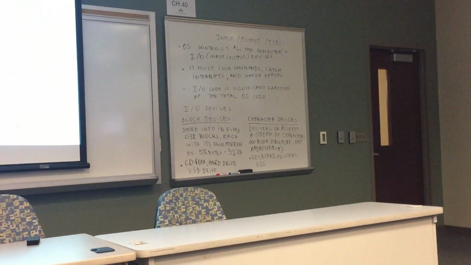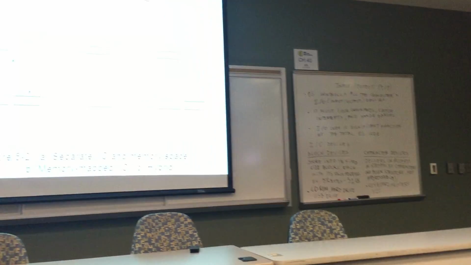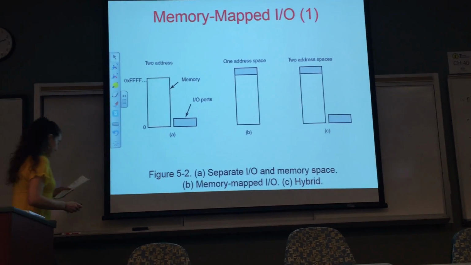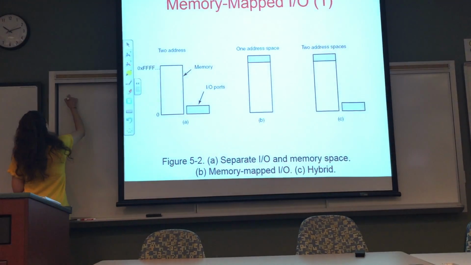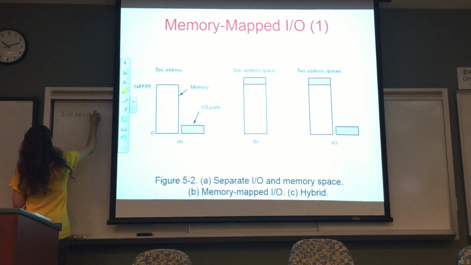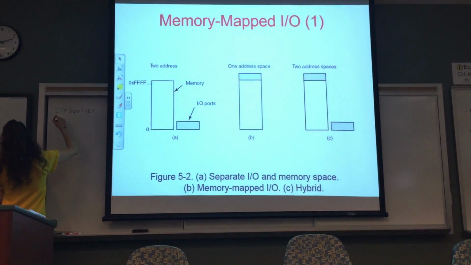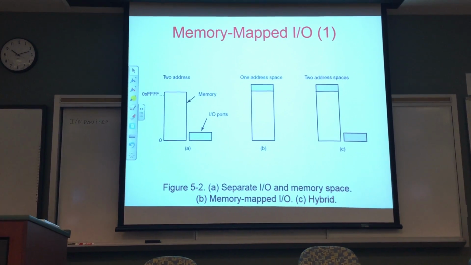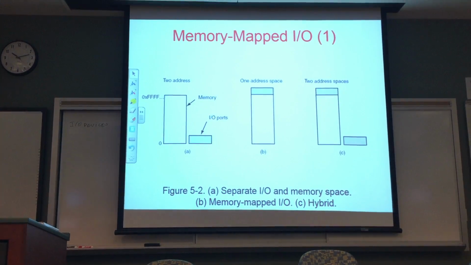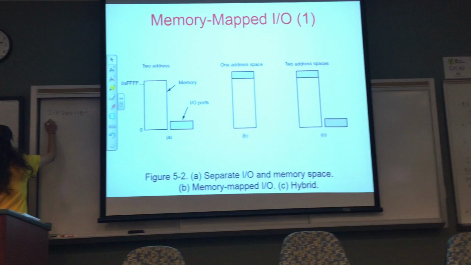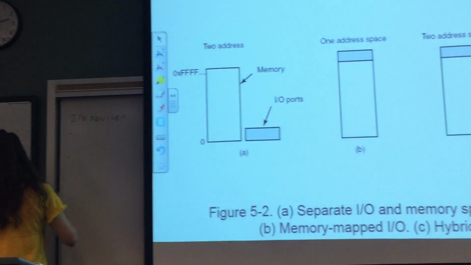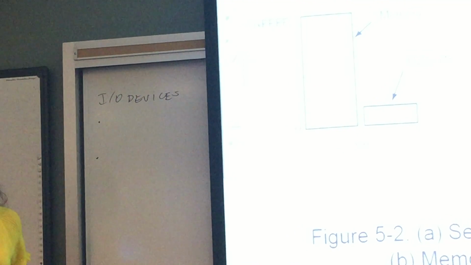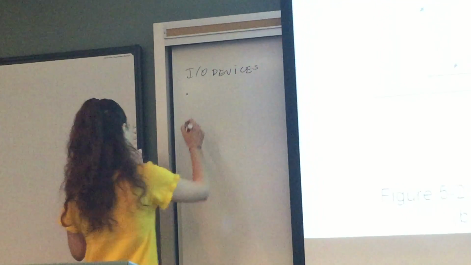Now, these devices consist of two components. They have mechanical components and electrical components, which means they have the actual physical device, and then they have some electronic components built into them, which allow the operating system to access them and control them.